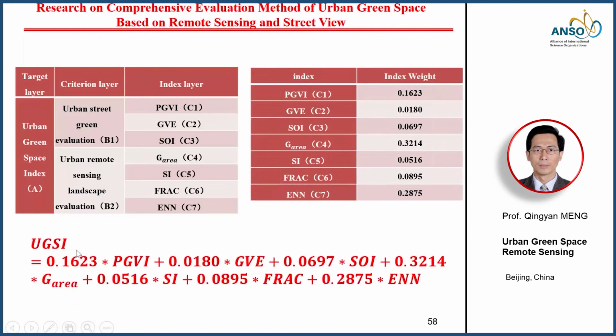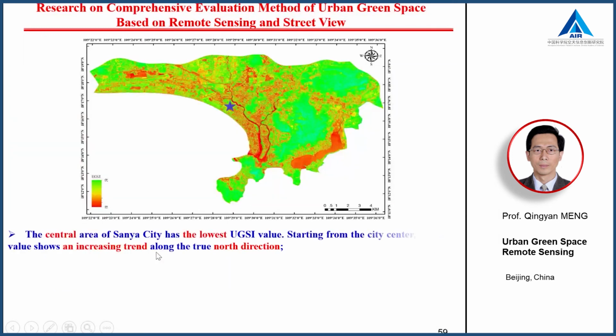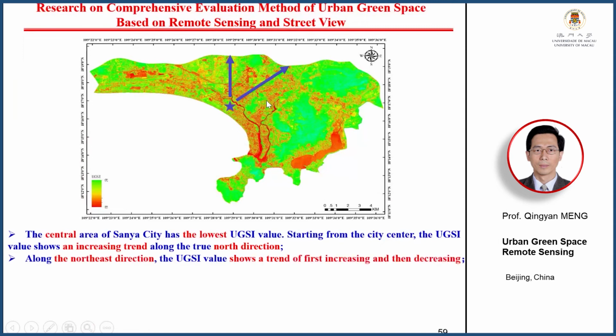Then we can develop the index weights and develop the UGSI equation. Then we use it to compare the city. The central area of Sanya city has the lowest value. Starting from the city center, the UGSI shows an increasing trend.